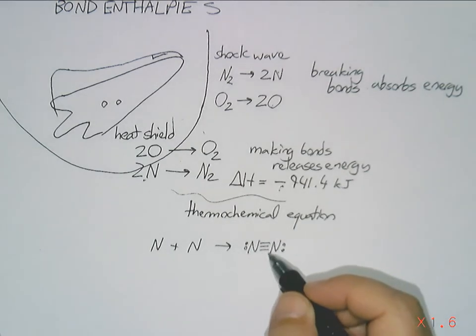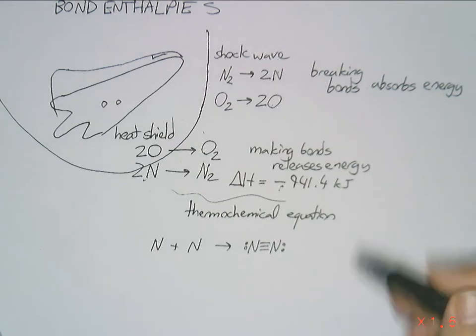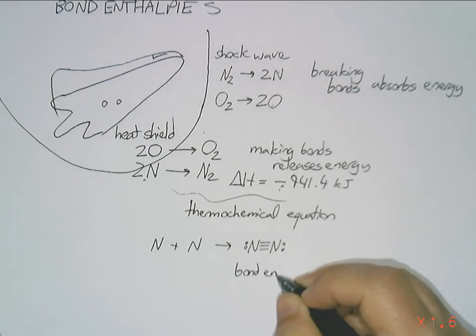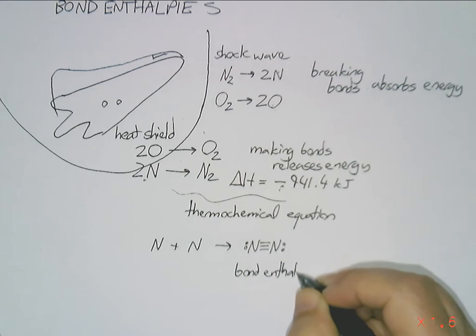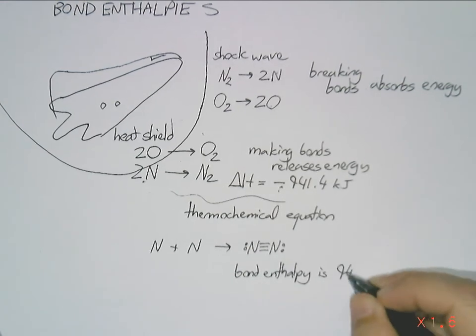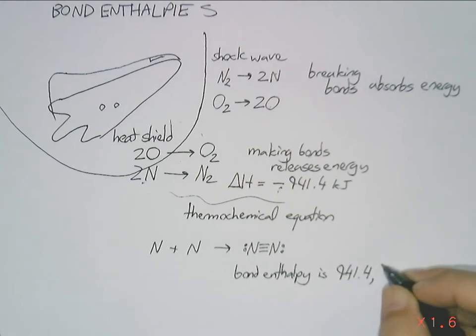So I am forming a bond, and every bond that I form, the bond energy, and we're using enthalpies here, is measured in kilojoules.